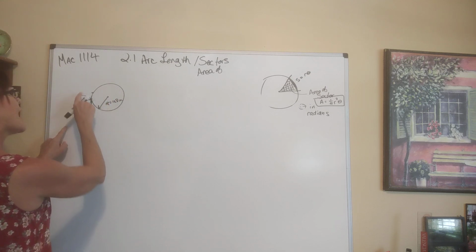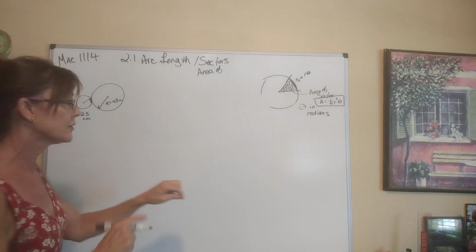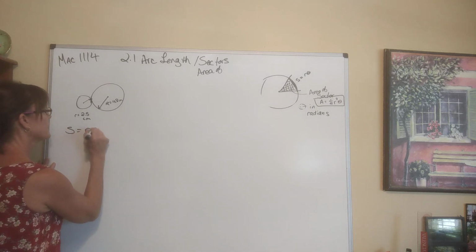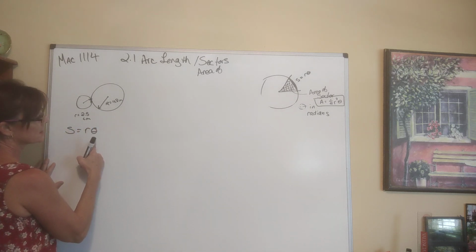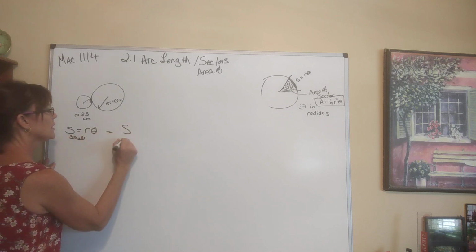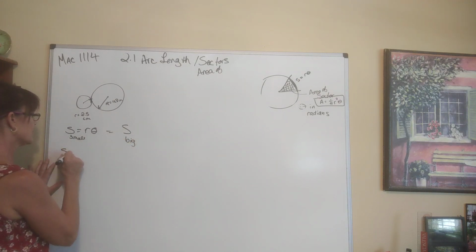So let's figure out how much arc length the smaller gear went through with 225 degrees. We know arc length, S, is equal to R theta, but we know theta has to be in radians. So S small is equal to the arc length for the big gear. We know these are going to be equal. Let's figure out the small.